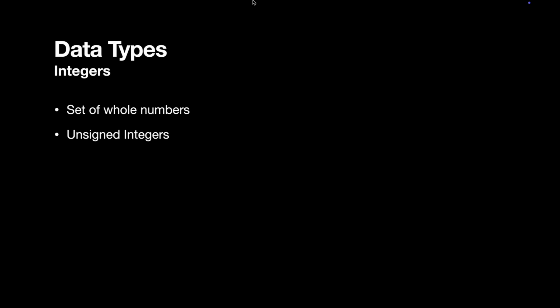Signed integers are minus 1, minus 2, 3, 0, 1, 2. Both positive and negatives are signed integers. And unsigned integers are those integers which only have a positive sign. So 0, 1, 2, 3 are unsigned integers.